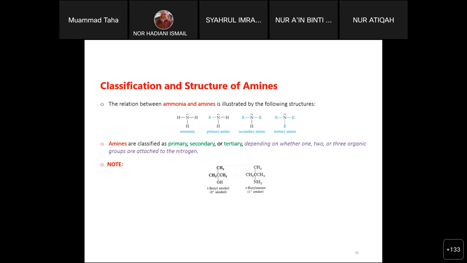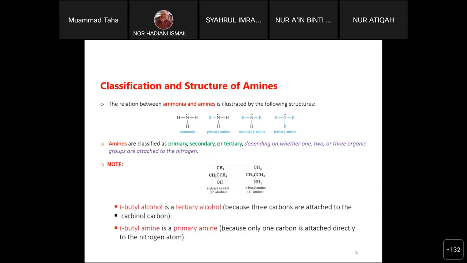Because the number of carbon chains attached to the nitrogen decides whether it is primary, secondary, or tertiary. So a primary amine has one carbon chain, a secondary amine has two carbon chains, and a tertiary amine has three carbon chains.